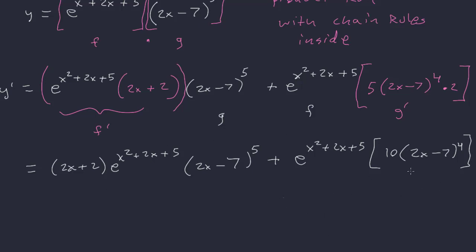Okay, and honestly, I would just leave it like that. You can factor a lot of stuff out, and you know, whatever. We can just leave it like this for now.